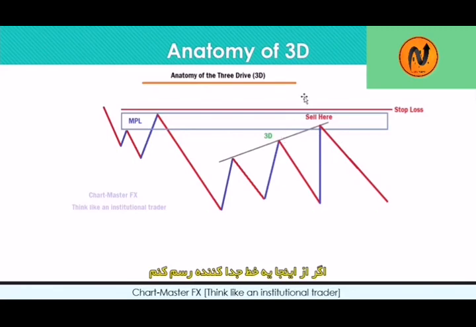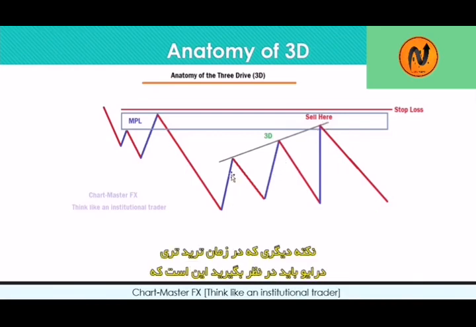So basically guys, if I draw a demarcation line here, you can see that all this to your left is history. You will be having all this information in your chart, guys. So now you'll just be waiting for the price to come to this trend line, then you can place your trade. Once you see the price approaching the MPL, then you place your trade here, guys.